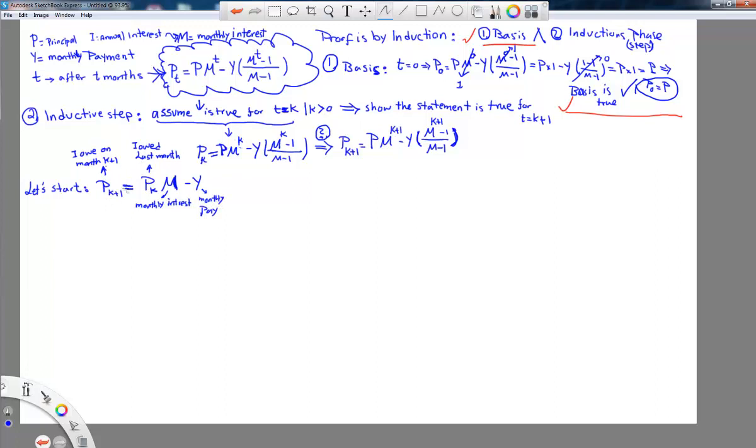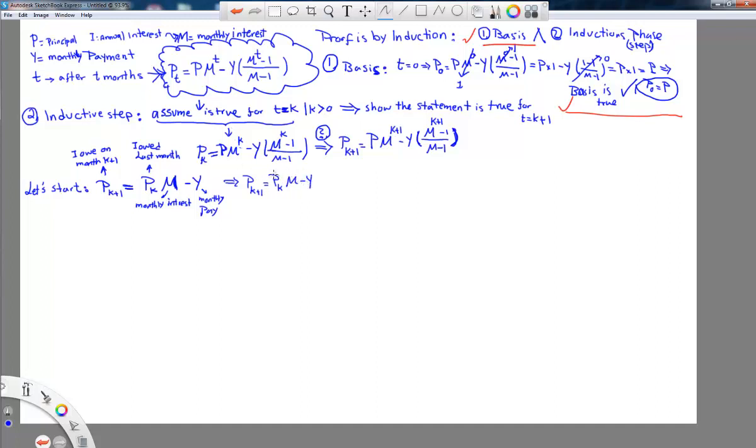So P sub k plus 1 is P sub k multiplied by m, the amount that's added to my account every month, minus y, the amount that I'm going to pay right now. So that's my P sub k plus 1. Let me rewrite this: P sub k plus 1 is equal to P sub k times m minus y.